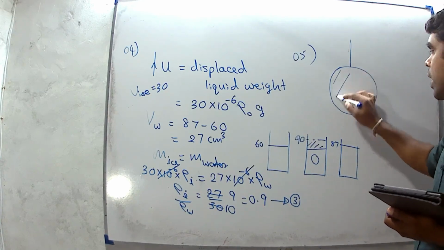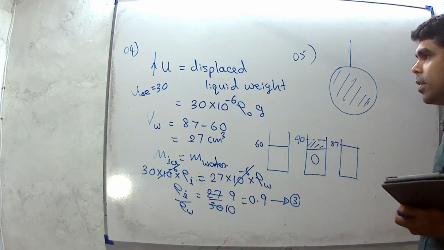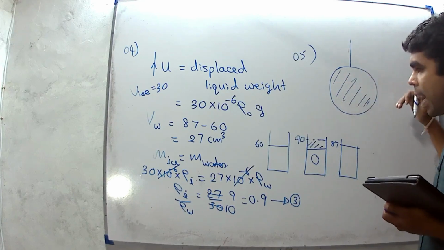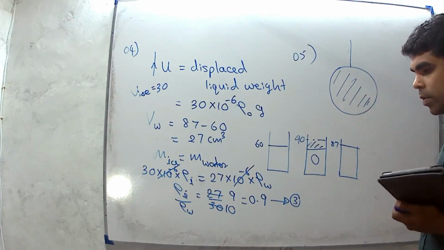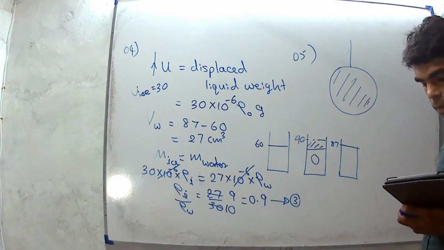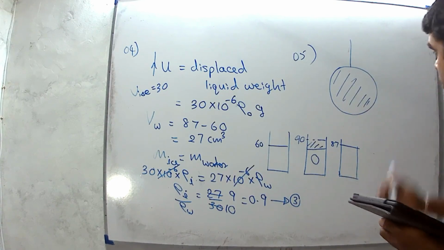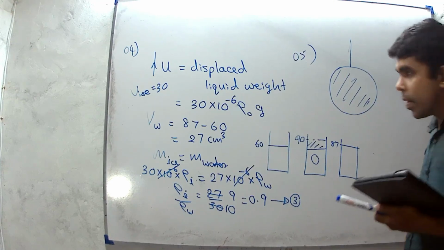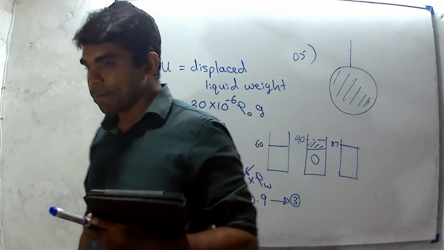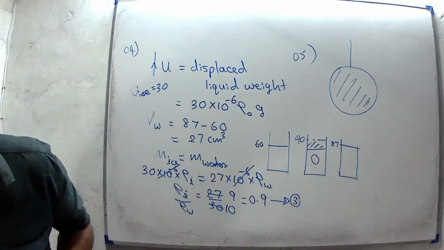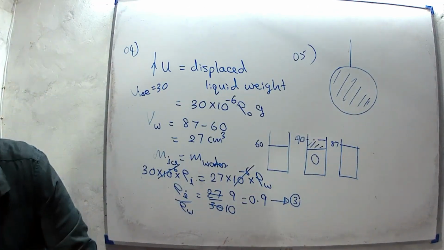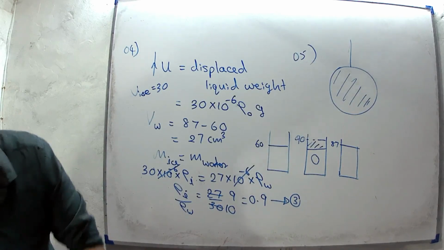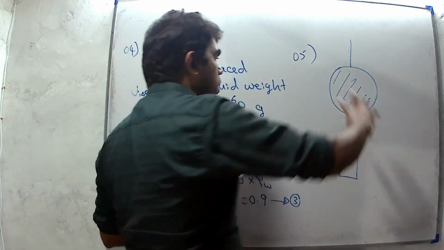there is no resultant upthrust on this object, because the inner medium and outer medium are the same, water. Therefore, we can consider the upthrust on the water in the bag is 0.